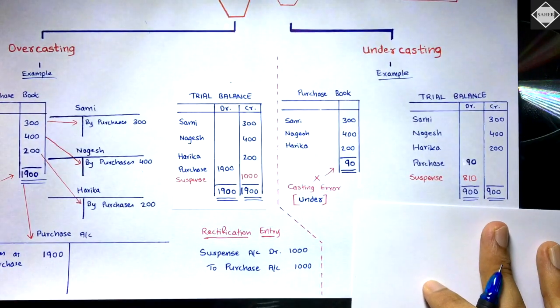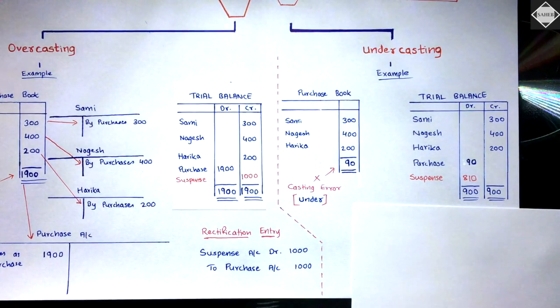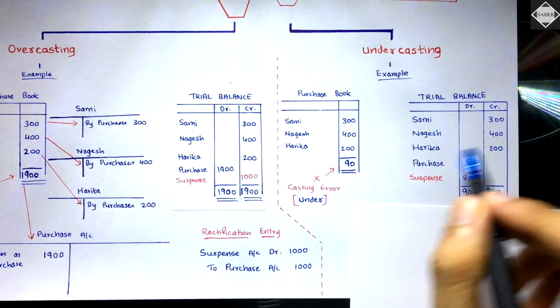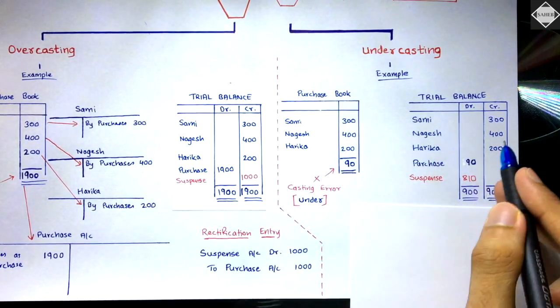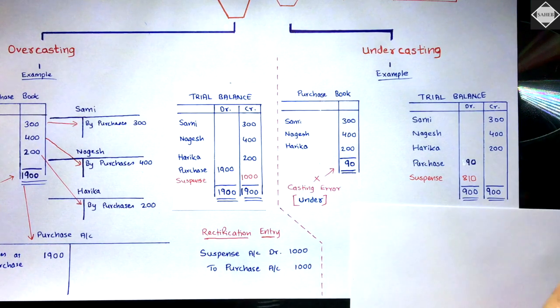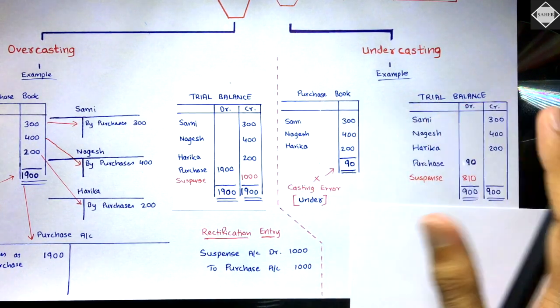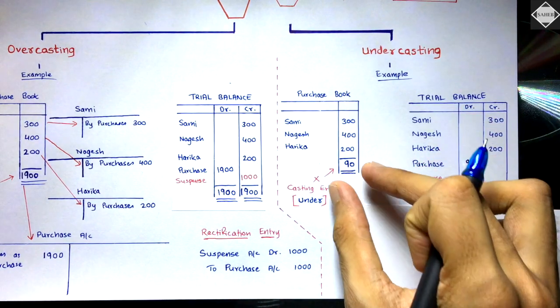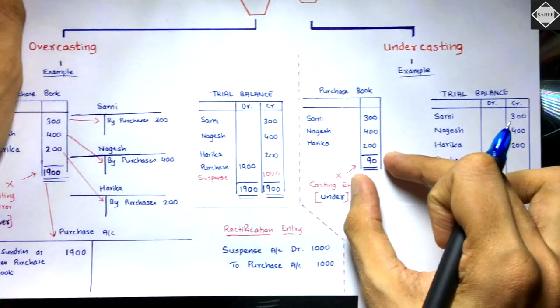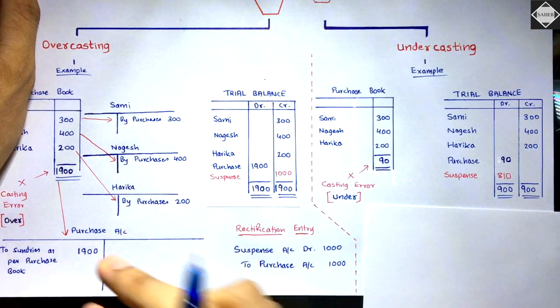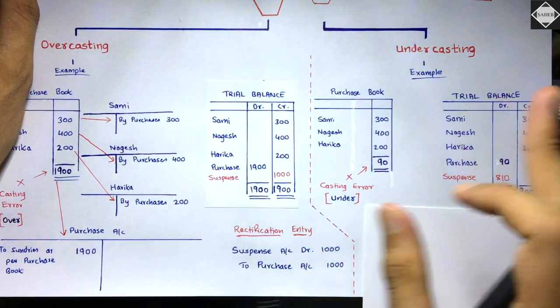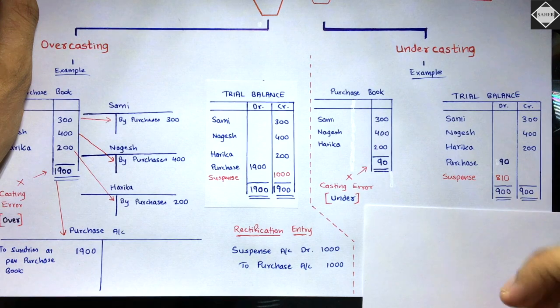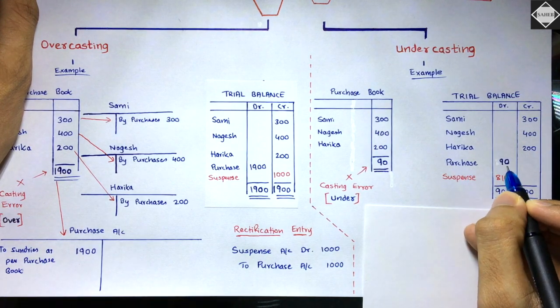So in the trial balance, Sami 300, Nagesh 400, Harika 200. There is no mistake in the creditors' accounts because the mistake is only in the periodic total. This periodic total goes to the purchase account as 90, so only in that ledger account there is a mistake. So purchase will come at how much now? 90.